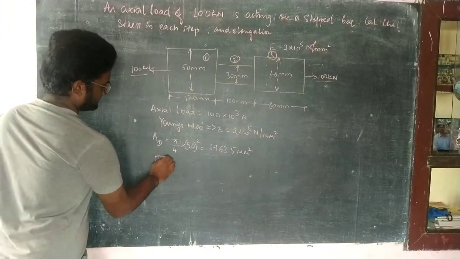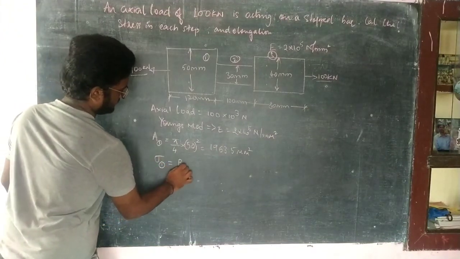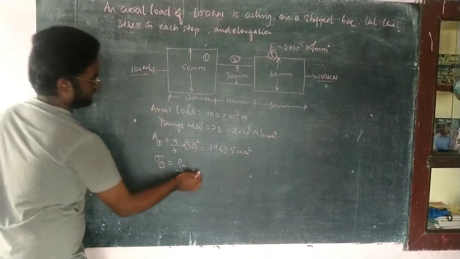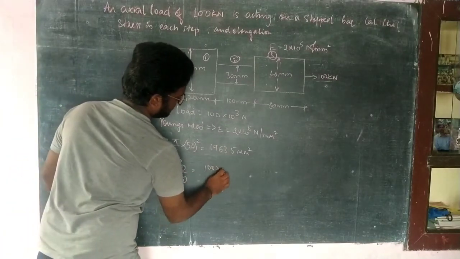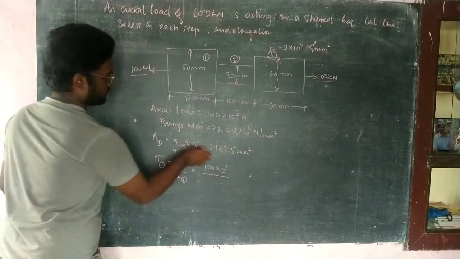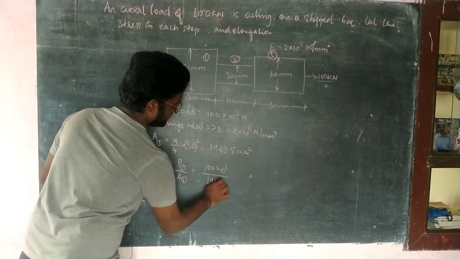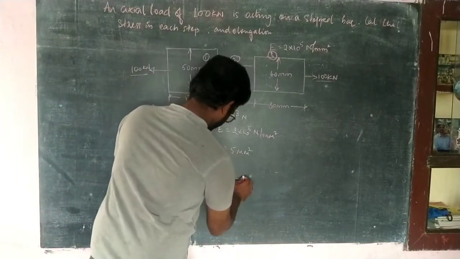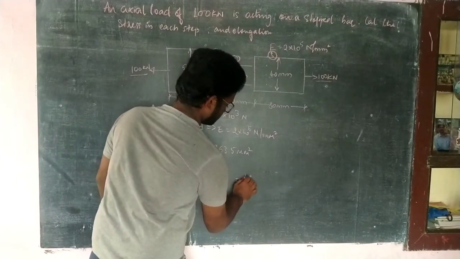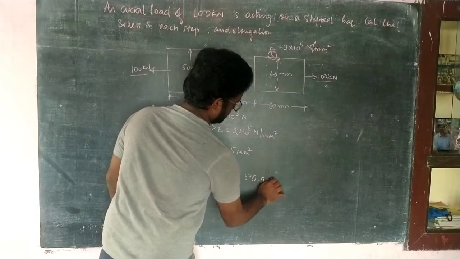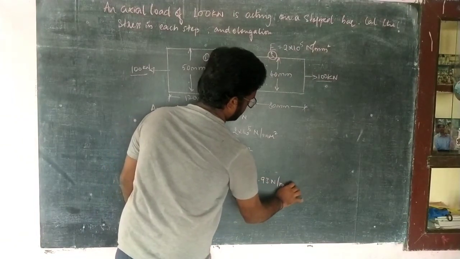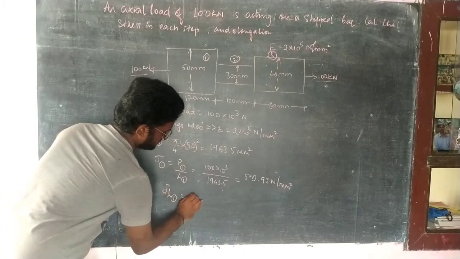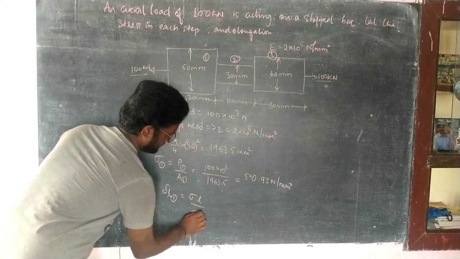Now stress is equal to P by A. So what is P here? 100 into 10 power 3 divided by the area, 1963.5. So my answer for this is 50.93 Newton per mm square.